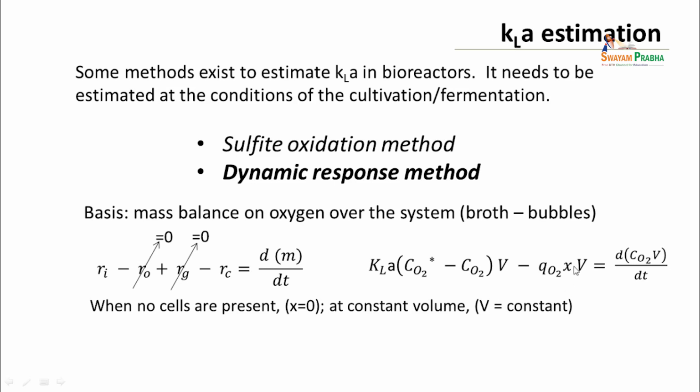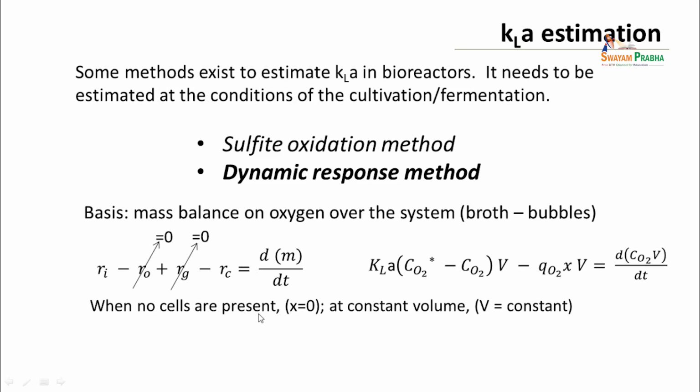Therefore, you need to multiply it by the cell concentration to get mass per volume per time, and then multiply it by the volume to get mass per time. The specific oxygen consumption rate is the name for QO2. We will probably look at that later, maybe it's not very relevant for KLa. If needed, we'll take a look at that.